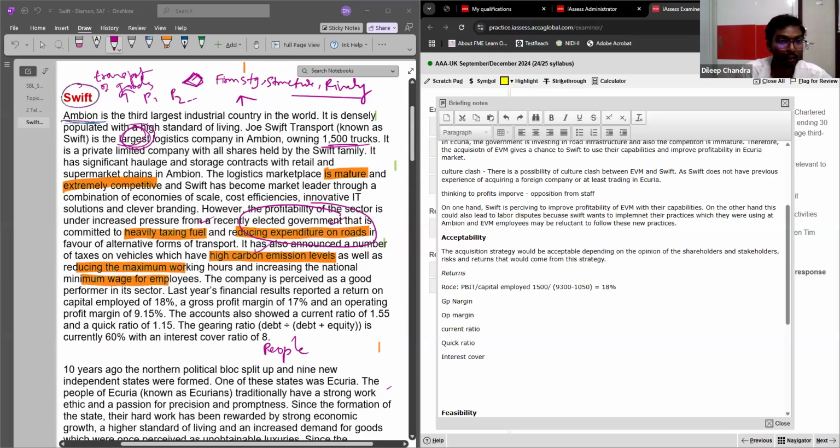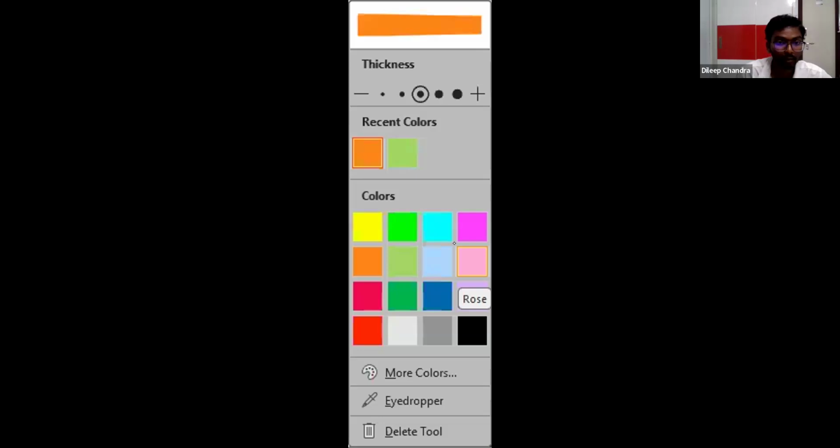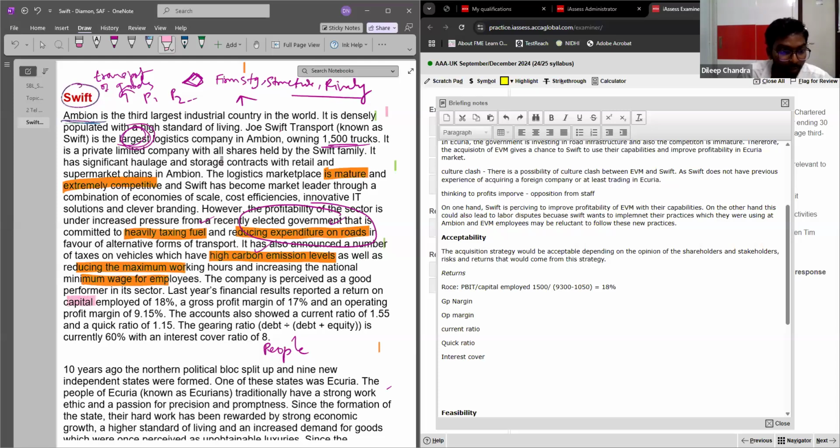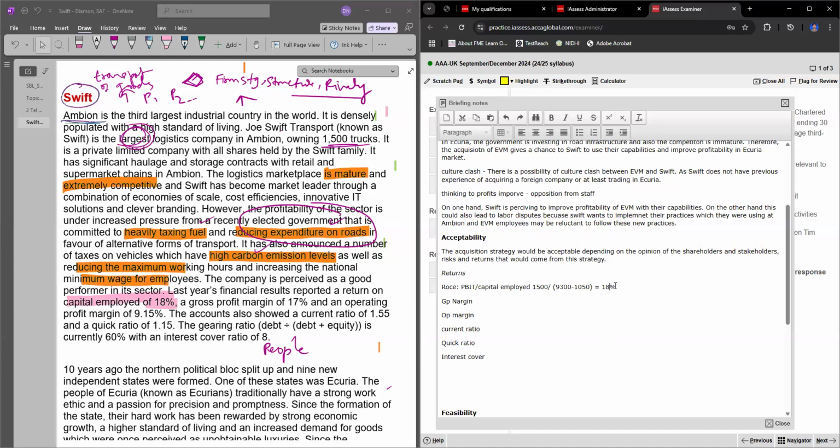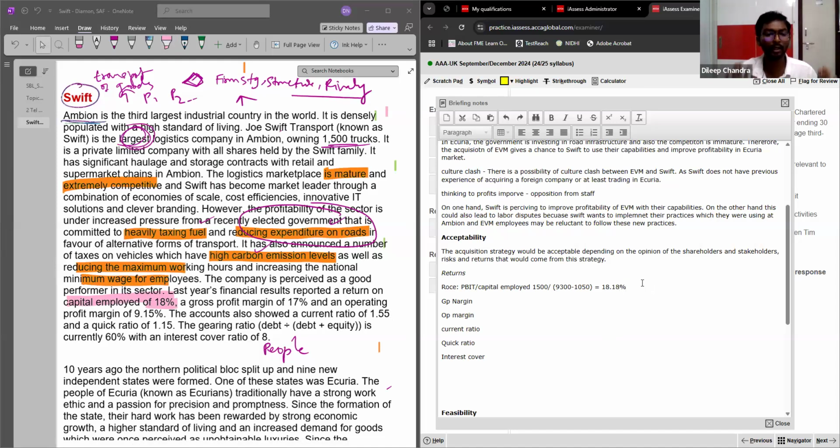The company is perceived as a good performer; return on capital employed is 18%. Almost the same. Did we get any decimal points? 0.1818. Okay, we'll mention it like this: ROCE is 18.18%, which is similar to SWIFT.